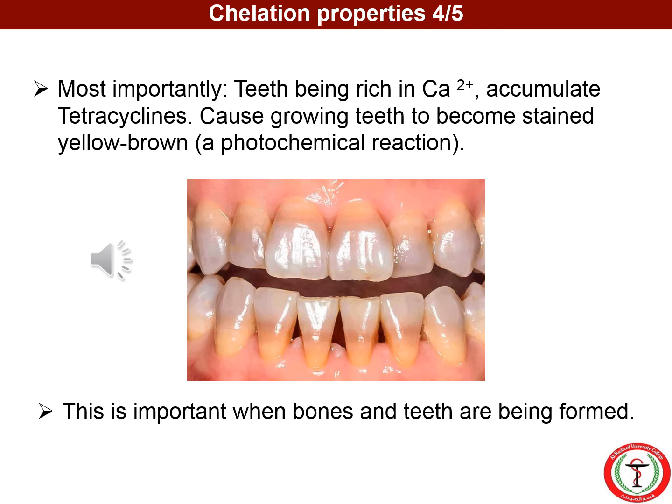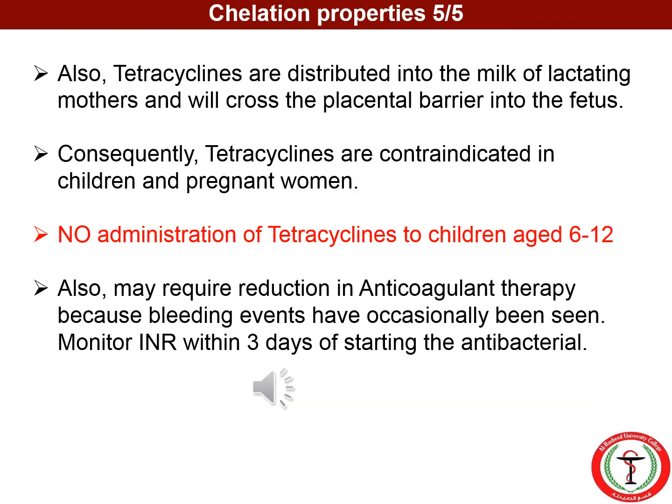Also, tetracyclines can affect child growth, so they are not recommended for children between 6 and 12 years. This is the last slide related to the chelation properties, and tetracyclines are contraindicated or prohibited in pregnant or breastfeeding women because these antibiotics can pass into the milk and also cross the placental barrier, so they must be avoided in both cases.